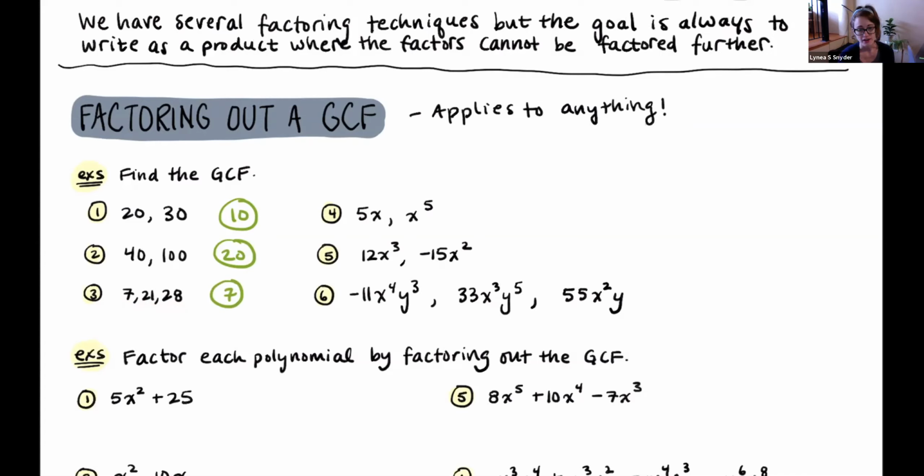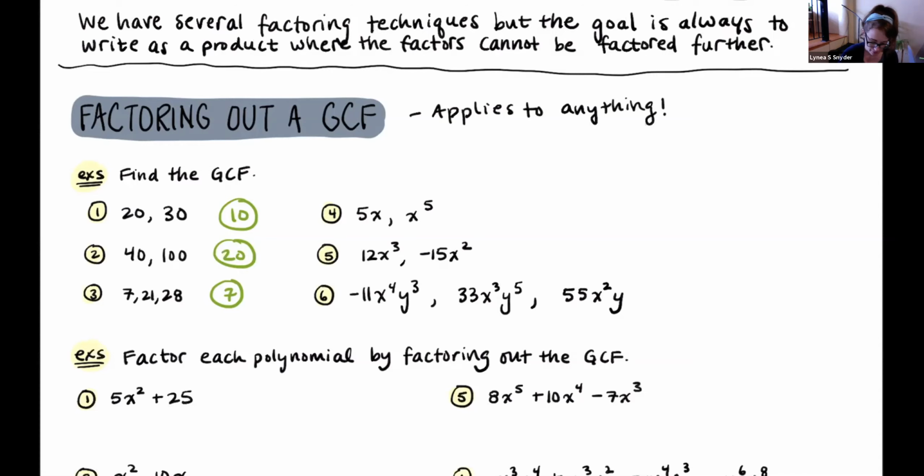All right, when you've got variables involved as well, you still have to look at the numbers, but the only extra thing that you've got to do is look at the variables. And the greatest common factor with the variables will just be the lowest exponent in all of the terms that you've got. So for example, in number 4 here, you've got 5x and x to the 5th.